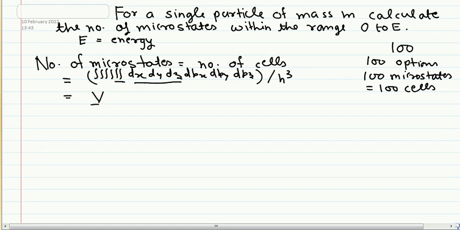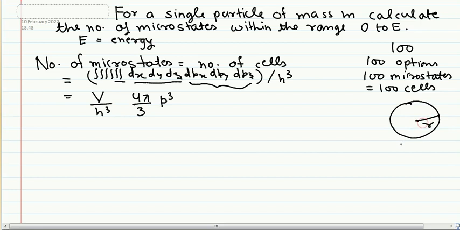So ordinary volume divided by h cube, and then the remaining three integrations over dpx, dpy, dpz. This volume is like the volume of a sphere of momentum p, and that will be 4 pi by 3 into p cube. Just as we write a simple volume: this is the circle, and if this is the radius, then what will be the volume?